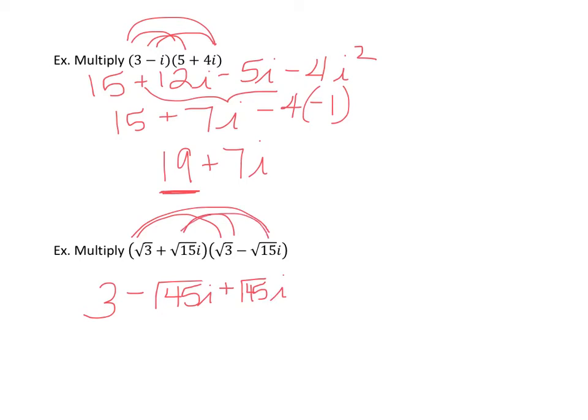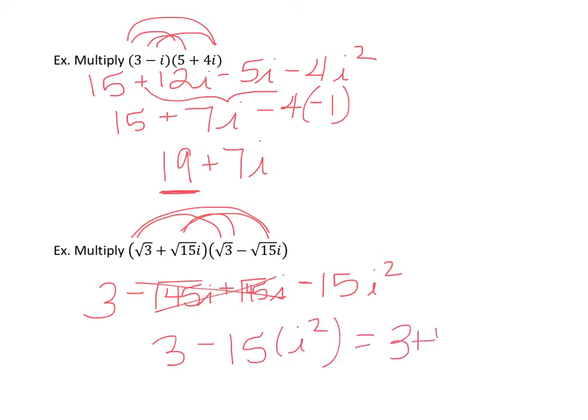And radical 15i times negative radical 15i will give me negative 15i squared. All right, these two are going to cancel each other out. 3 minus 15 times i squared gives me 3 plus 15, which is 18.